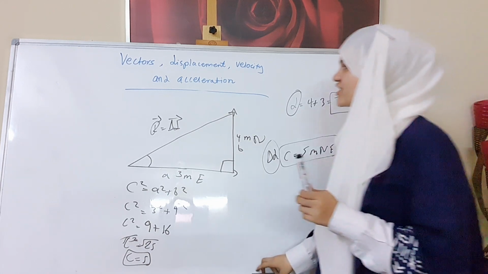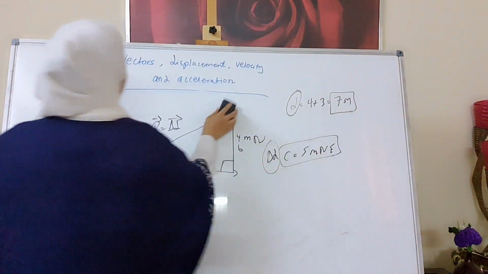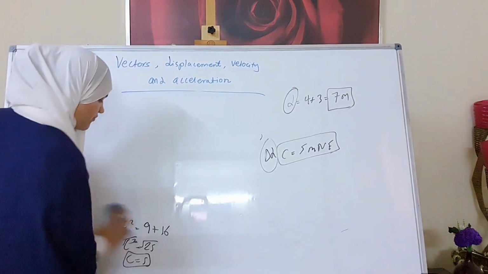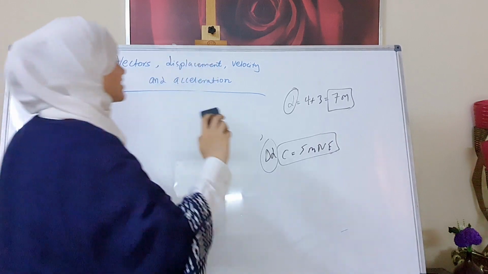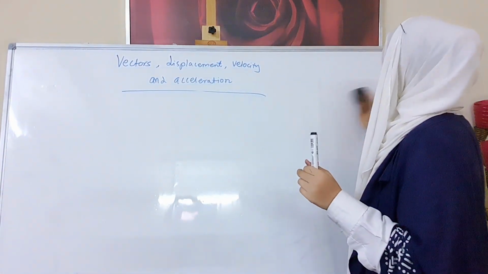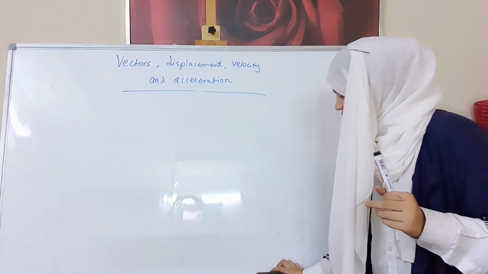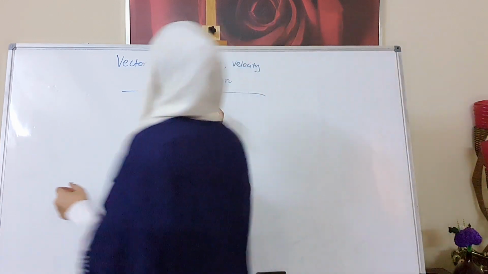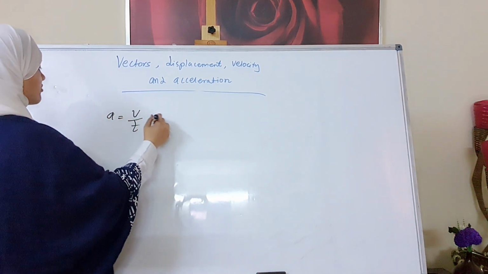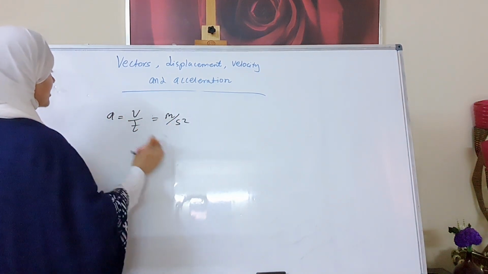But what about acceleration? Acceleration is velocity over time, because its unit is meters per second squared. Why?